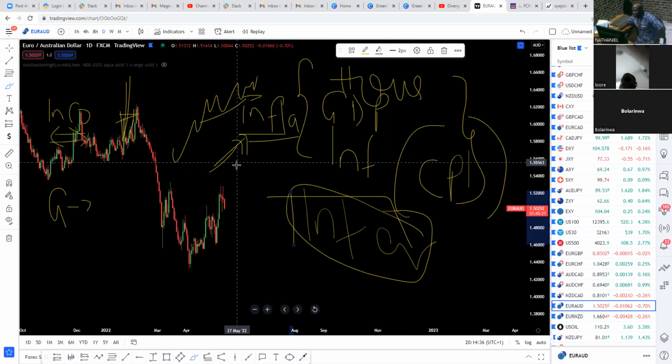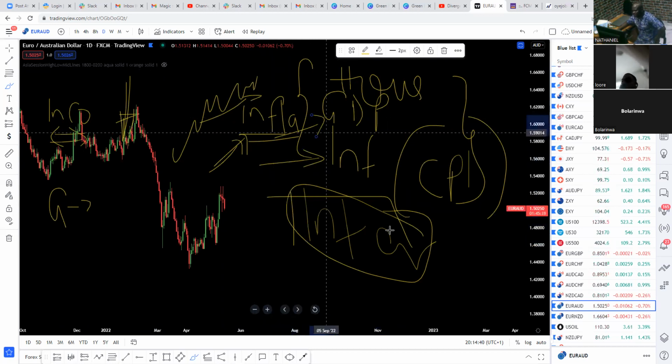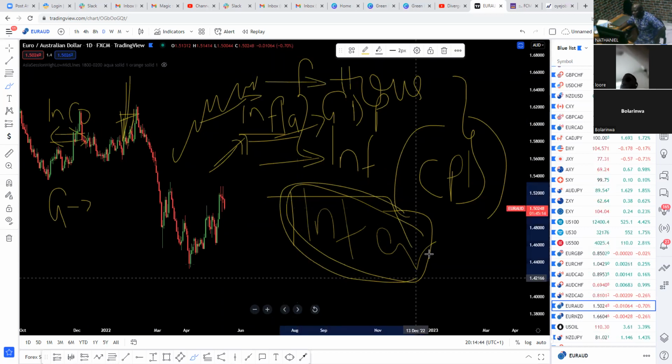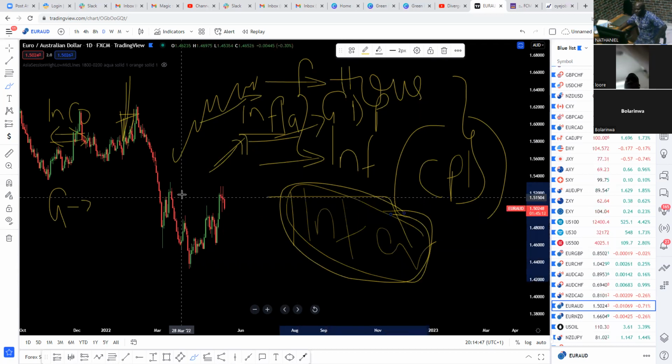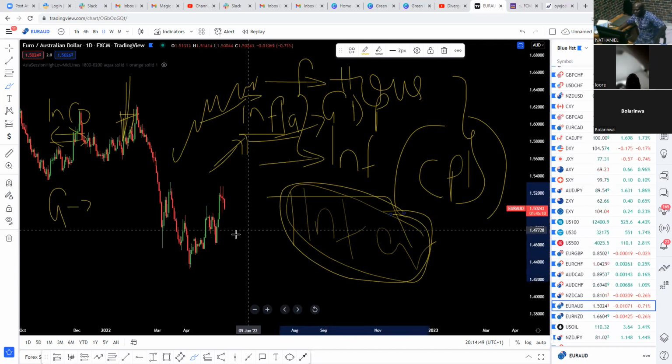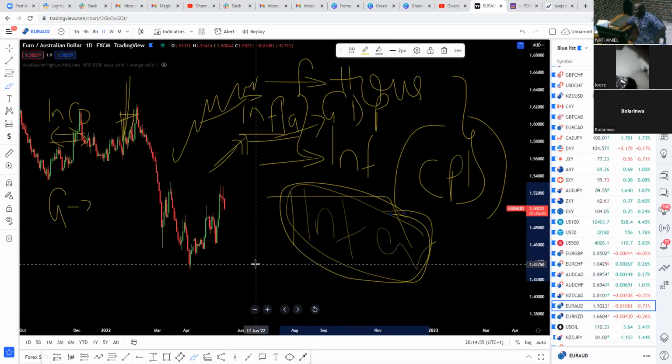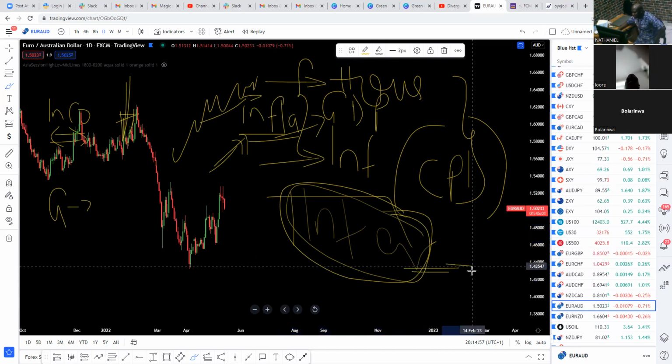So don't give me the data on inflation of any country. Don't give me the data on GDP. Don't give me any other data. Just give me the data on interest rate and I'm okay. I can tell you perfectly what is going on in that country. At least 70 to 80% of what is going on there economically, I will tell you. I only need interest rates.